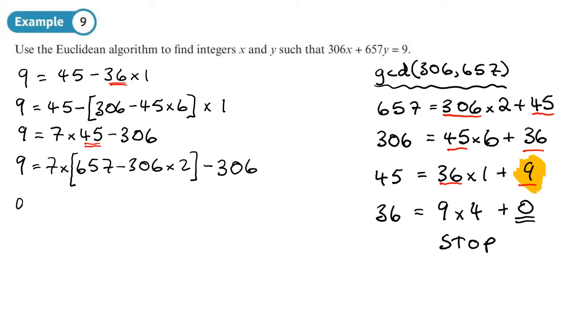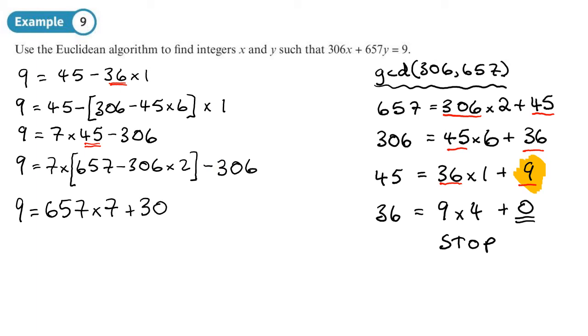So the last line is basically to group all of these together. We've got 7 lots of 657, so let's write that as 657 times 7. And then here this is going to be negative 2 lots of 306 times by 7, which is negative 14 lots of 306. Take away another 306 is going to be negative 15 lots of 306.